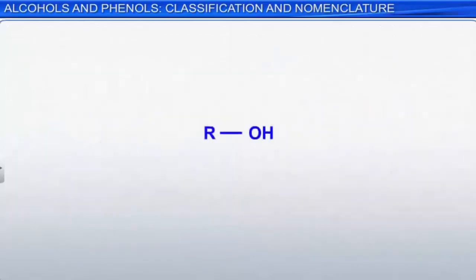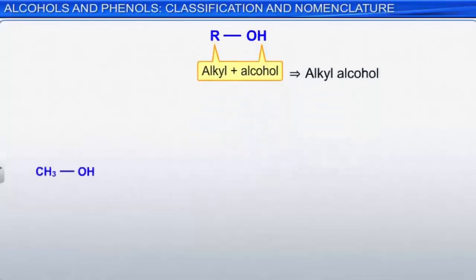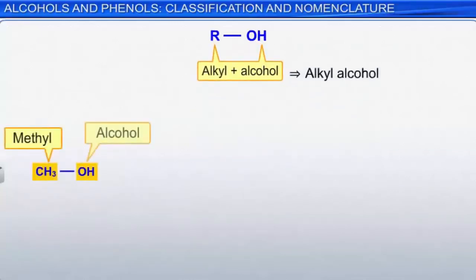Now that we understand the classification of alcohols, let's turn to their nomenclature. The common names of alcohols are derived from the name of the alkyl group with a -yl ending, plus the word alcohol. For example, the alcohol with the formula CH3OH, shown on the left, is commonly called methyl alcohol.